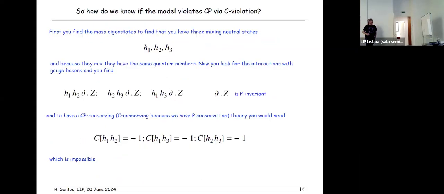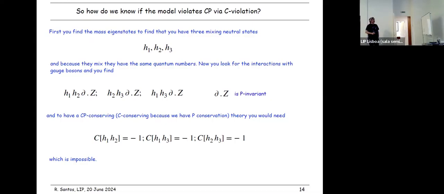But now you ask me, okay, so if I need to look at the vertices, then how do I know that a model violates CP via C violation? So let's take these 3 mass eigenstates, H1, H2, H3, and of course, because they mix, they have the same numbers. And now you look at the interactions, whatever interactions give you the right numbers.